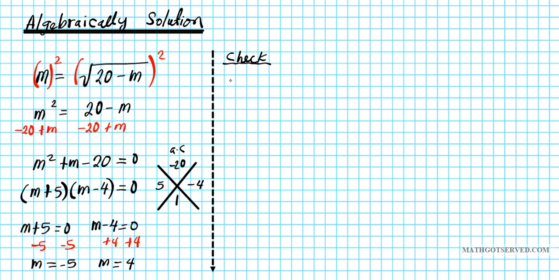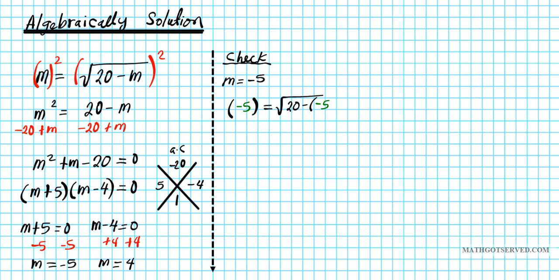All right, let's start by checking the smaller of the two results, m equals negative 5. We'll carry out our check by substituting negative 5 into the original problem. So the question we're going to be asking ourselves is, is negative 5 equal to the square root of 20 minus negative 5?